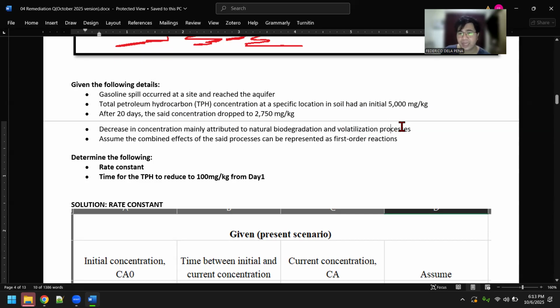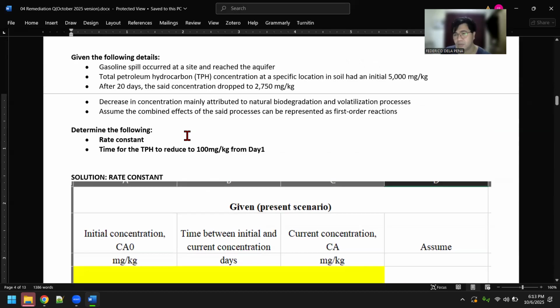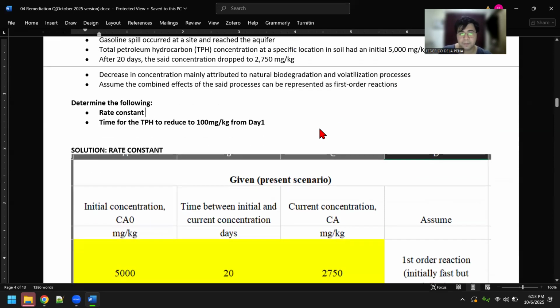At this point, we don't really care what other factors are happening. But for now, we're just going to approximate the process as a first order kinetic reaction. Most chemical reactions can be approximated by first order kinetics, so we're going to stick with this assumption.